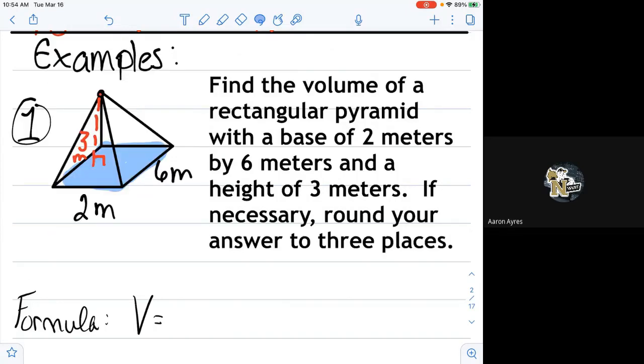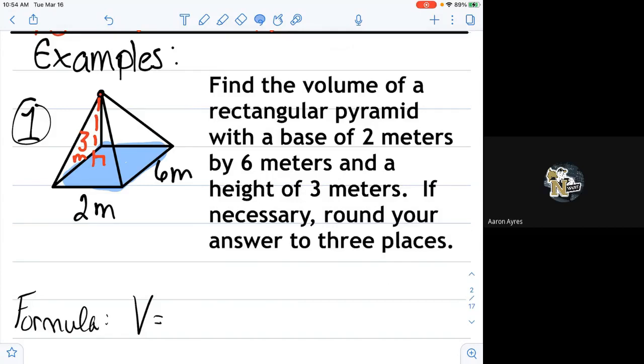Go ahead and get a screen cap of this, so you don't have to draw the picture.